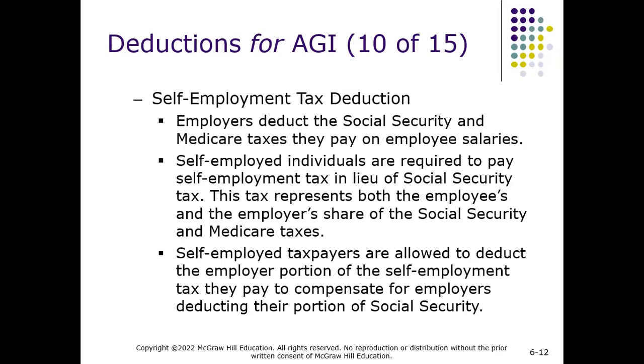But then they also have to pay Social Security and Medicare, which is called self-employment tax. But they just don't pay 7.65%. They pay the 15.3%. They pay the employee and the employer portion. So her total self-employment tax is $482. So half of that is allowed as a deduction for adjusted gross income.